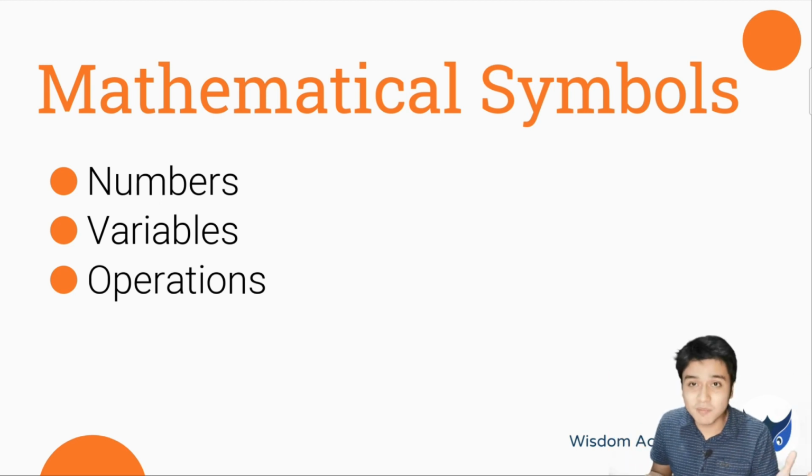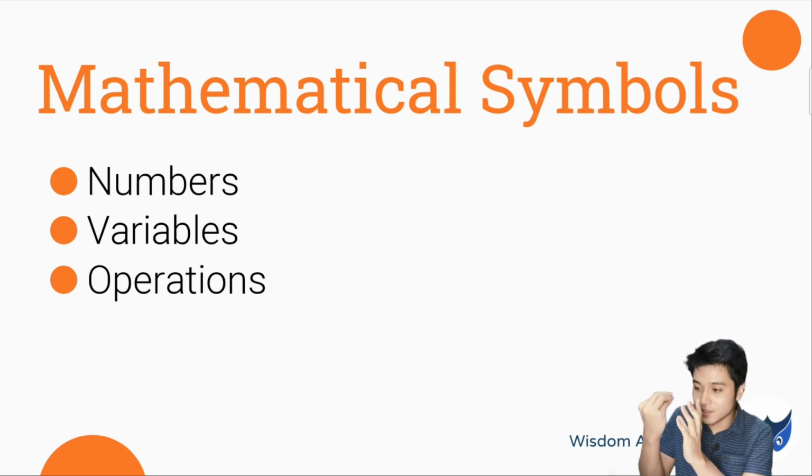Now, yung variables naman, they are symbols that are used to denote an unspecified value. Isang value na hindi natin alam pa. Unspecified. Either tago siya, hindi pa siya alam, or basta hindi siya specified straight to the point na yun yung value niya.